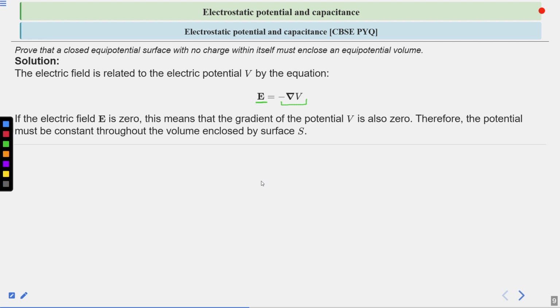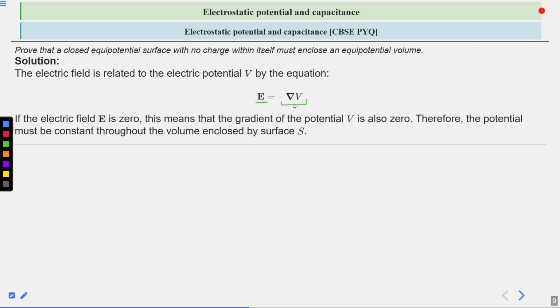The derivative dV is a small change in the potential. If it is 0, there is no variation in the potential, so the potential is constant.